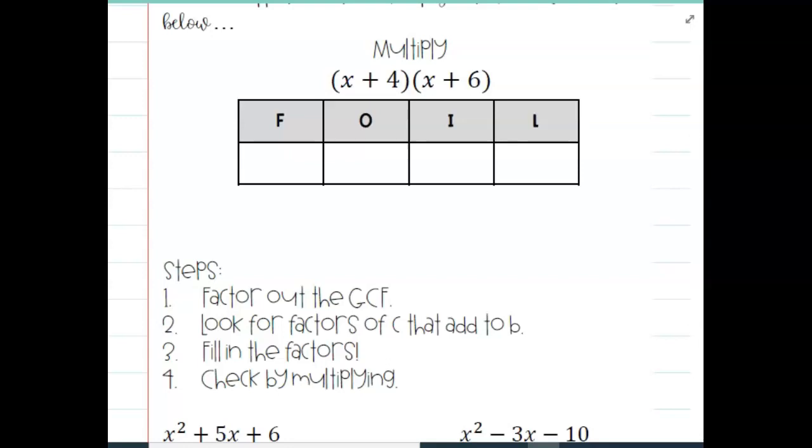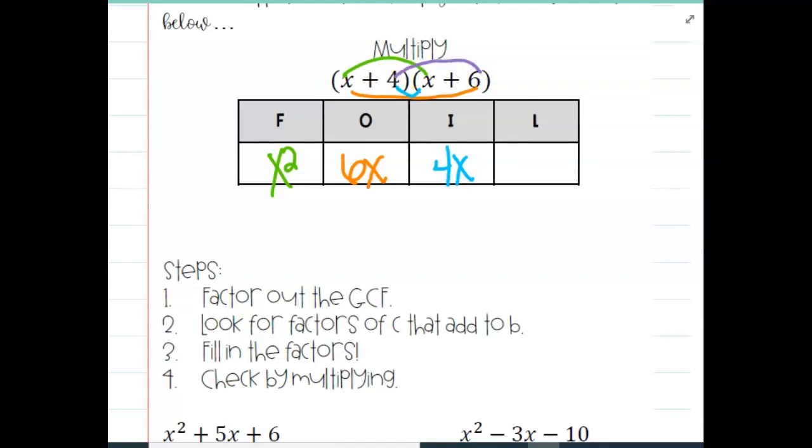For the F, the first terms would be x times x, which is x squared. The O, the outside terms, would be x times 6, which is 6x. The I, the inside terms, the ones right next to each other, 4 times x would be 4x. And then the L, the last terms in both sets of parentheses, are 4 and 6.